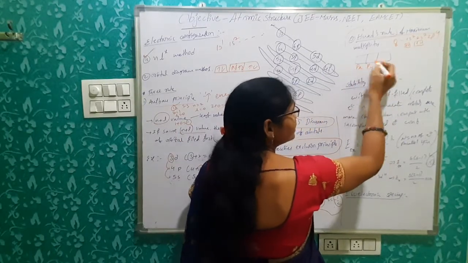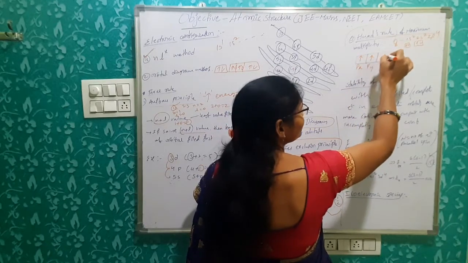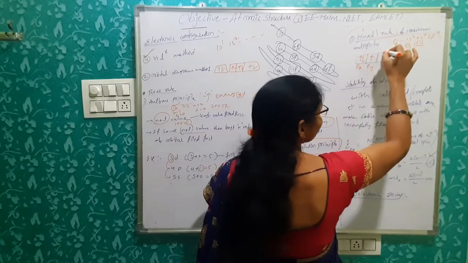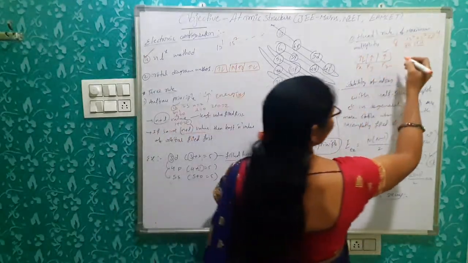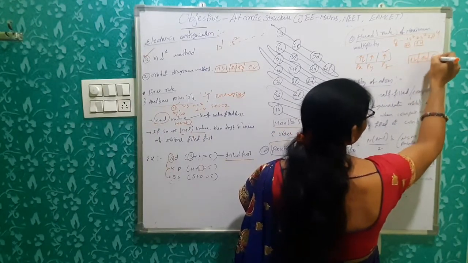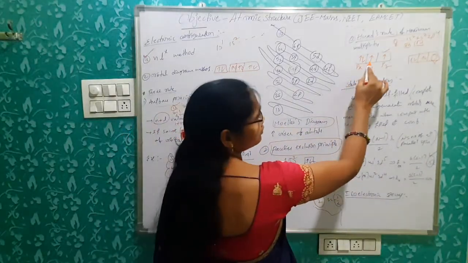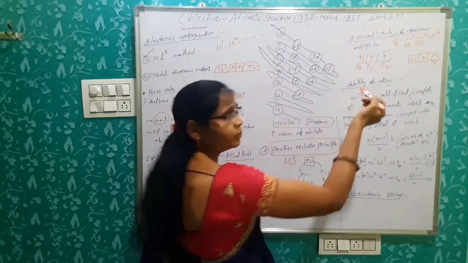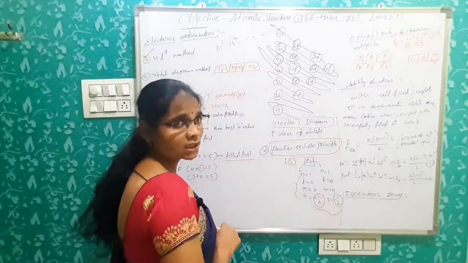While filling degenerate orbitals, each orbital is filled with one electron first, and only then will pairing take place, according to Hund's rule. So this is the right way. But for 4 electrons, filling 1, 2, 3, 4 with one orbital left empty, this way is wrong. Each orbital is filled with one electron each, and only then pairing takes place. So that is Hund's maximum multiplicity.